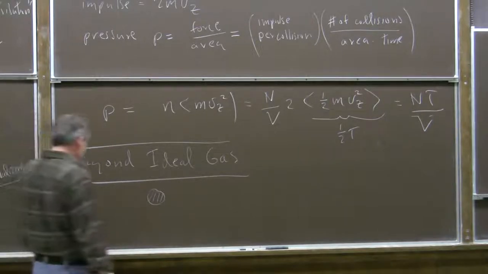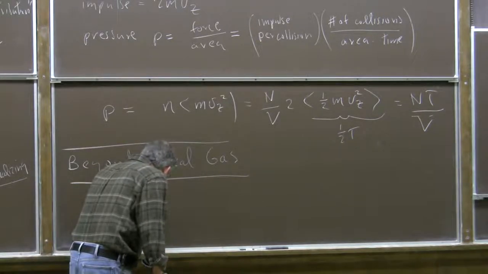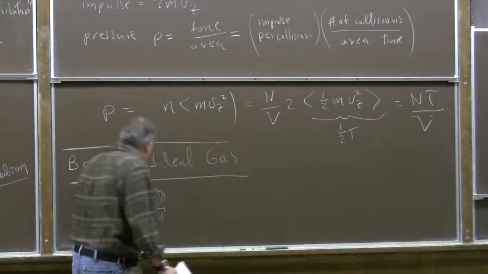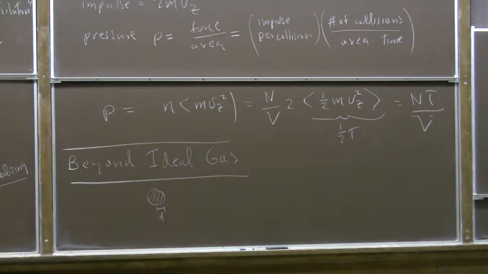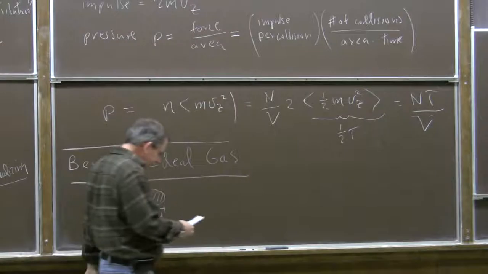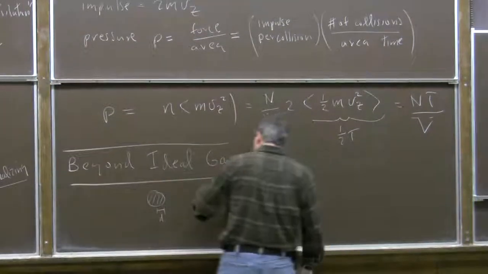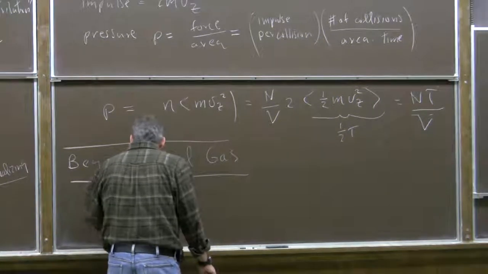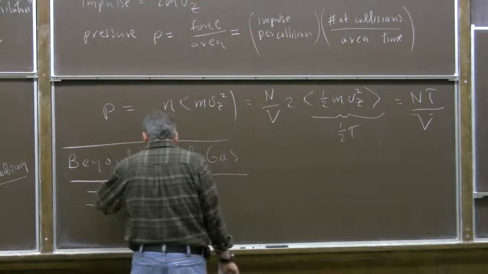Maybe stupidly, I call the radius of the billiard ball d, which sounds a lot like the diameter, but d for distance. So let d be the radius of one of the billiard balls. And now let's consider one of these billiard balls moving along, sweeping out a cylinder over time.